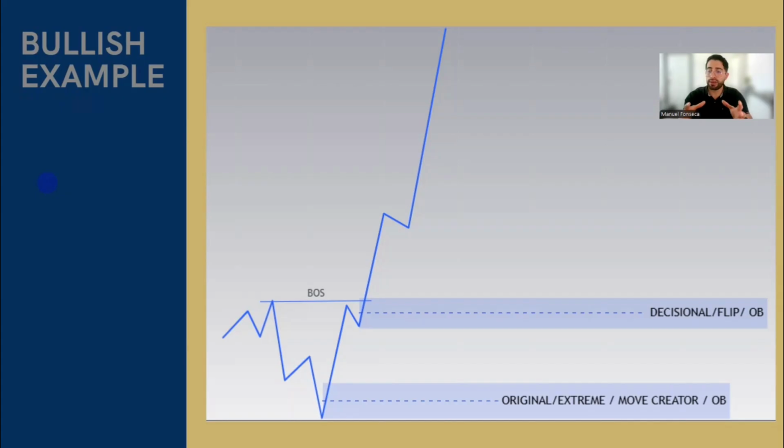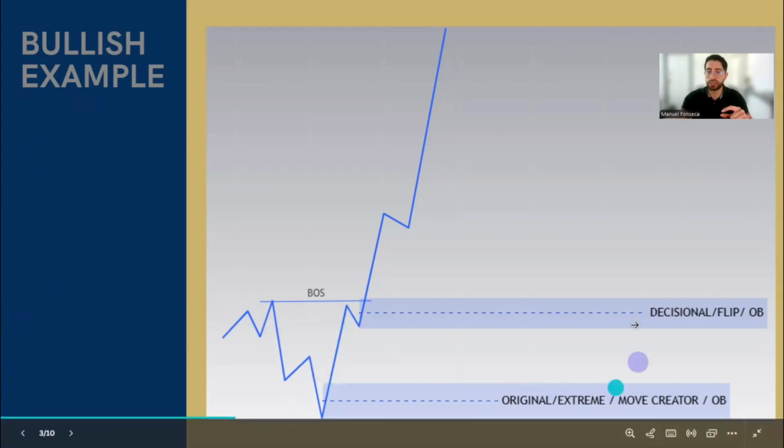Well, we have here an example, which is a bullish example, so this would be the demand, the discount area. Now we have here two key levels. The first is the order block called the original extreme of the move creator, the one we always selected, because from this point is where the price starts its new impulse.